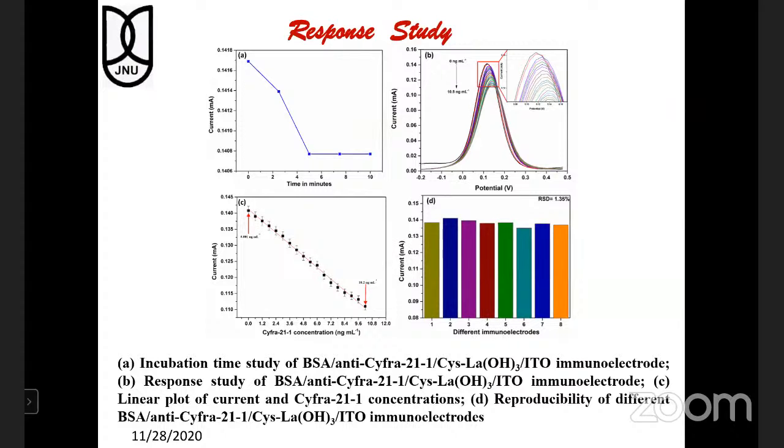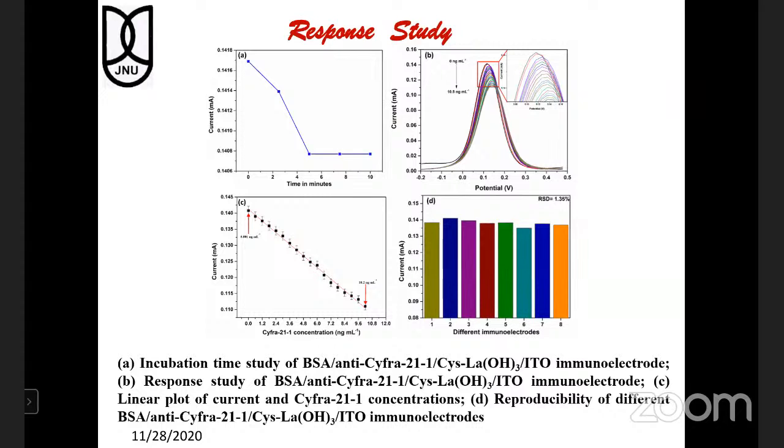It indicates that the antibodies on the electrode surface bind with the analyte step by step, because at low concentration the analyte is very little. As you increase the concentration, more analyte molecules bind with the antibody on the electrode surface and inhibit the flow of electrons. So finally the current decreases.